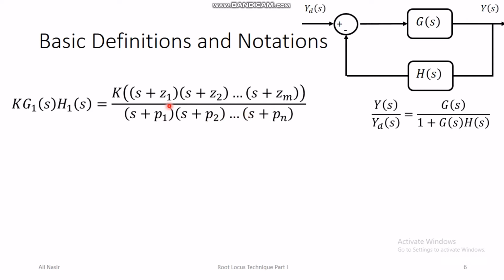Usually there is a numerator polynomial and denominator polynomial. Since every polynomial has its roots, I can always factorize a polynomial in terms of its roots. So minus z1, minus z2, and so on up to minus zm are the roots of the numerator polynomial. So I can write the numerator polynomial as s plus z1 multiplied by s plus z2 and so on, the product of all the zeros. And similarly, the denominator polynomial as the product of all the poles.